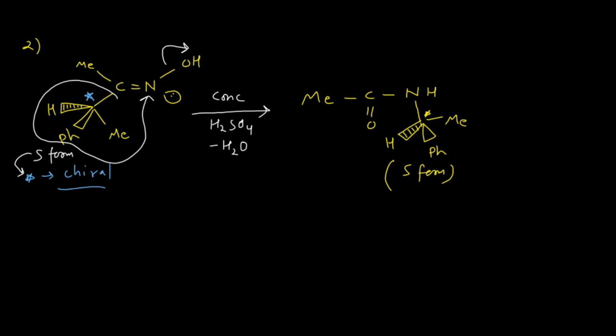That means if you want to synthesize this S form, you cannot start with the R form. You have to start with the S form in order to get the S form. If you want the R form here, then you have to change the stereochemistry of this as well.